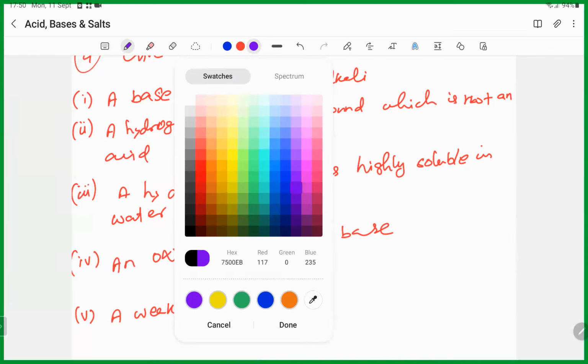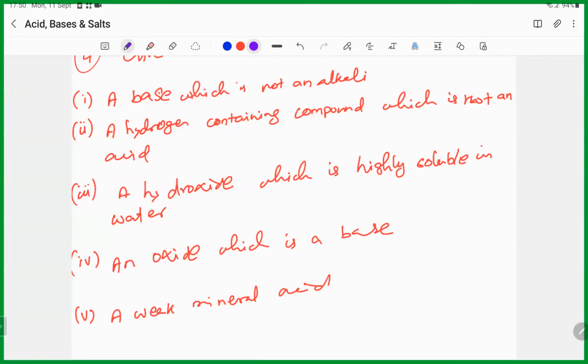A compound which will contain a pair of lone pair of electrons. So you said copper hydroxide and zinc hydroxide. We can accept, but not much.